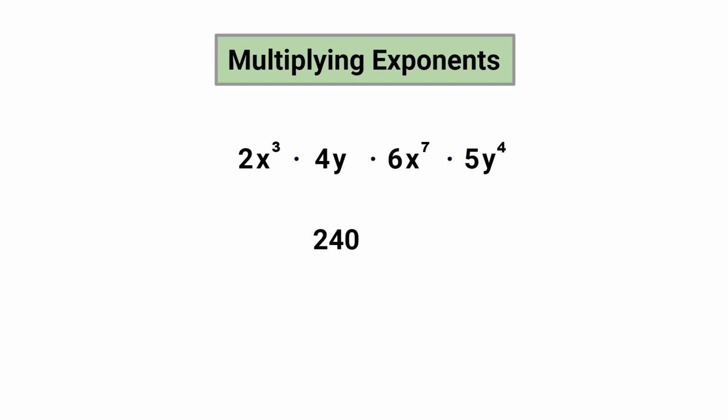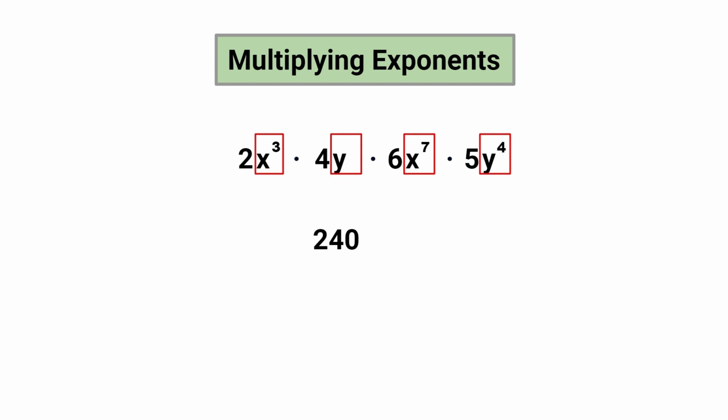And now that we've multiplied all of the numbers in the expression, let's multiply the variables. Now remember, when multiplying terms with the same base, we can add their exponents. Well, the terms x and y are different letters because they represent different values. This means we can only add the exponents of the variables that are alike. So let's first solve the terms with the variable x.